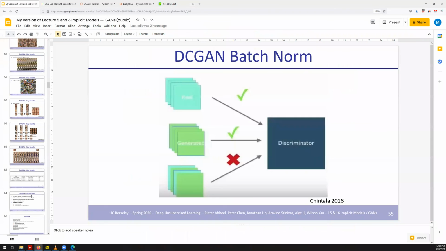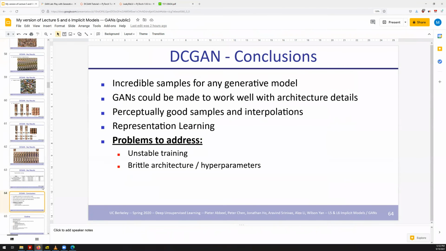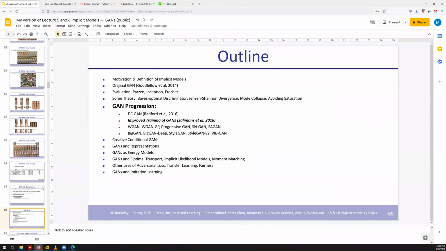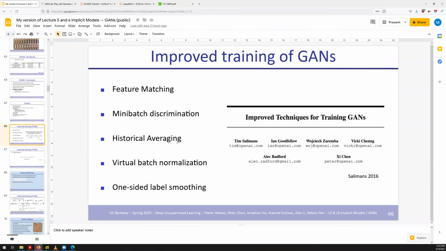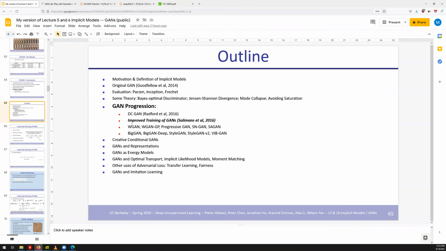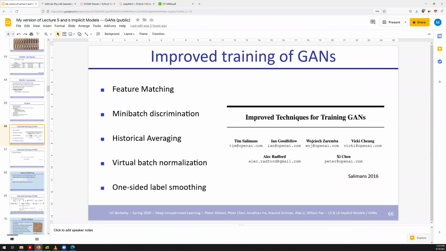Where was I? Okay, so we can go to this. We have 10 minutes, so we can either start the next paper, which is called Improved Training of GANs, or do you want to stop? Do you have any points we want to discuss? No, I think people have to drop at 10, so in 8 minutes.